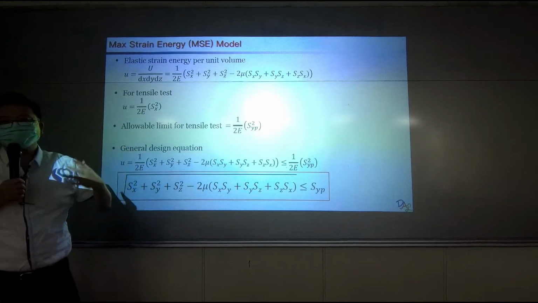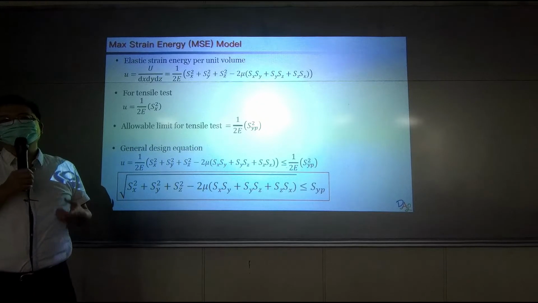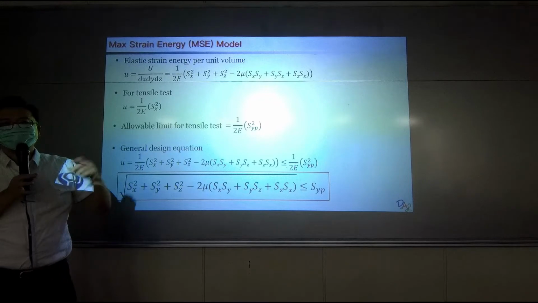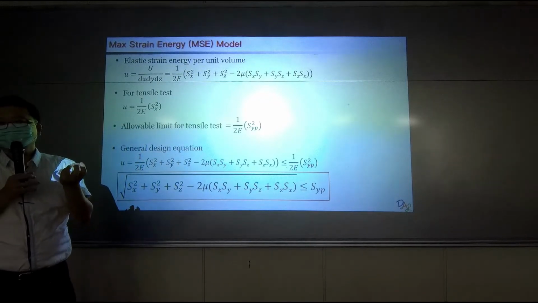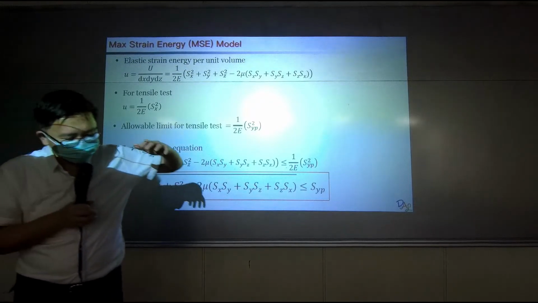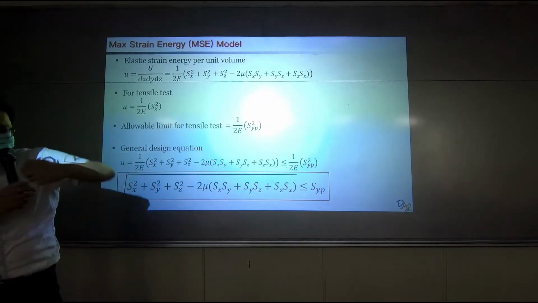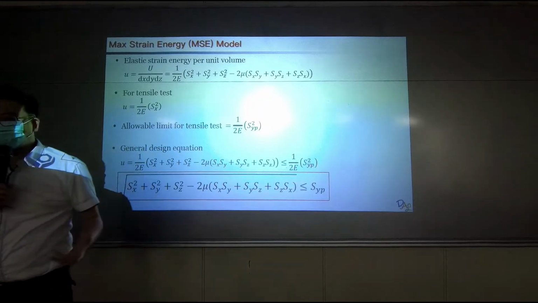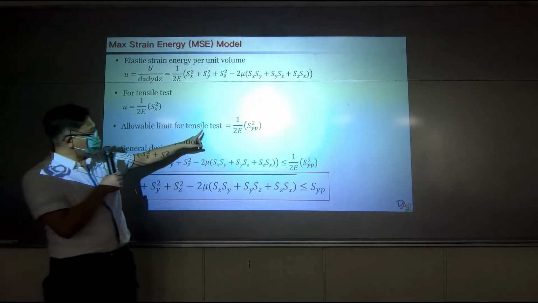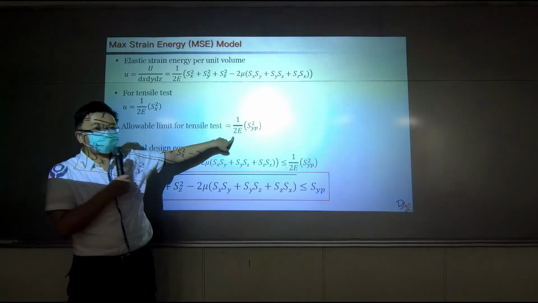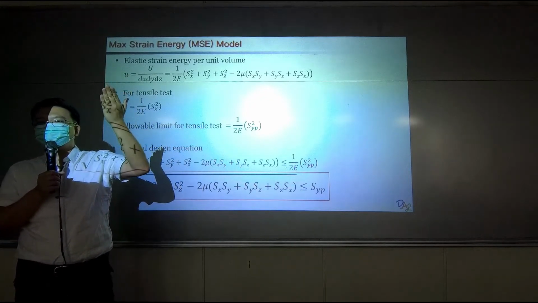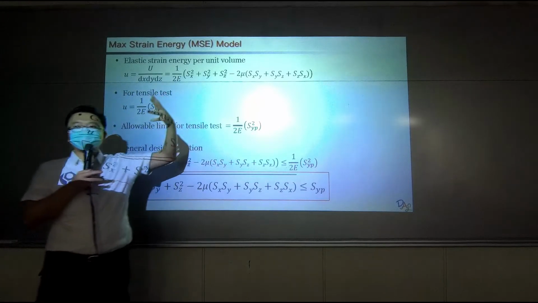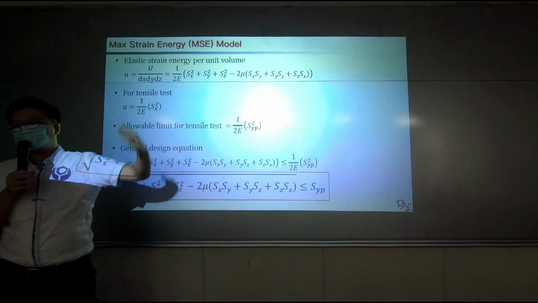So we use this trick to determine how much strain energy this material can store. If you press a little bit more or pull a little bit more to generate more deformation, the strain energy will be increased a little bit, but it will yield, because when this increased, that means you are over the limit of this material.